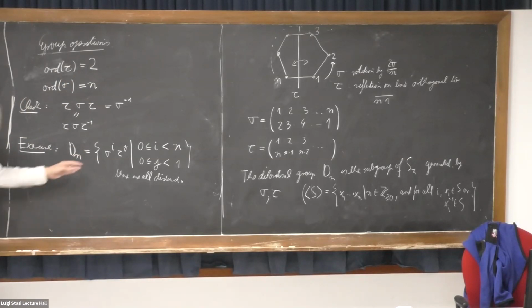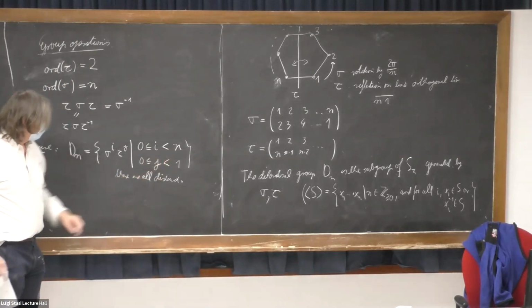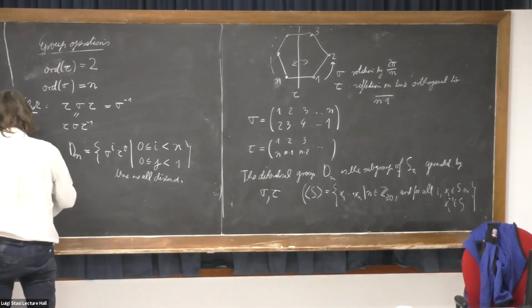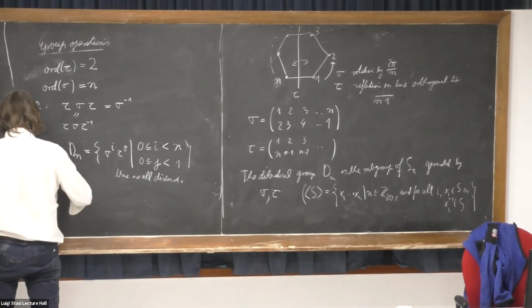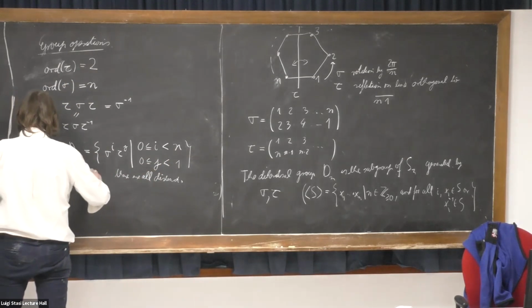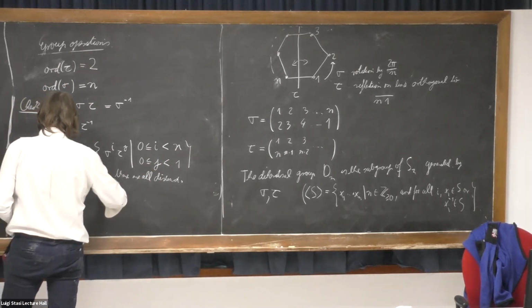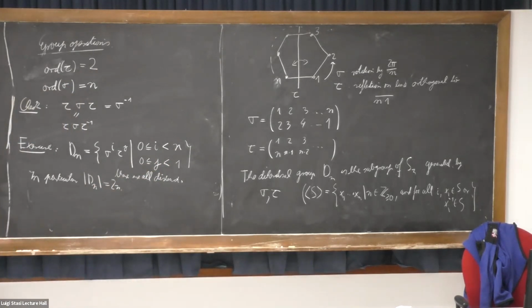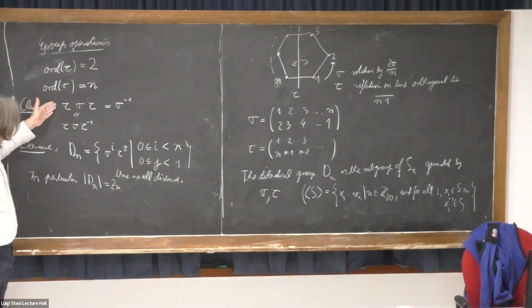And so therefore we certainly get this, and that they're all distinct. And so in particular, D_n is of order 2n. So here we have also an example of another non-commutative group, but it's somewhat mildly non-commutative.